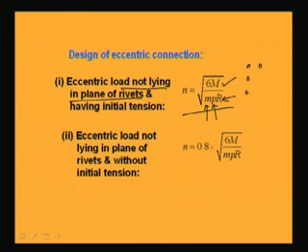Suppose rivets are placed like this. So, in this case m will be say 3, because 1 line, 2 line and 3 line. So, m will become 3.